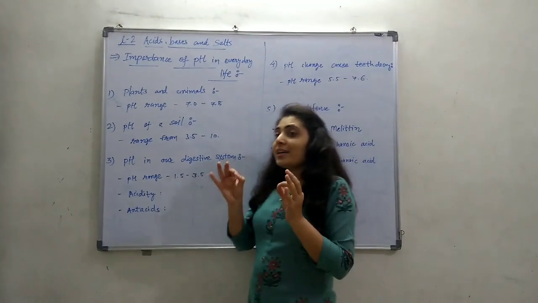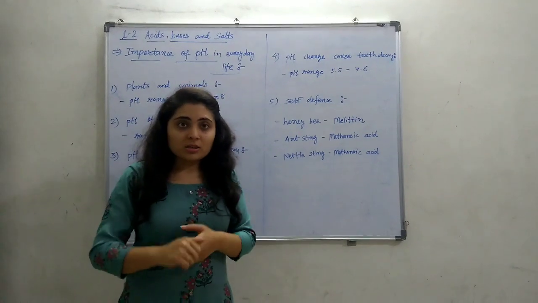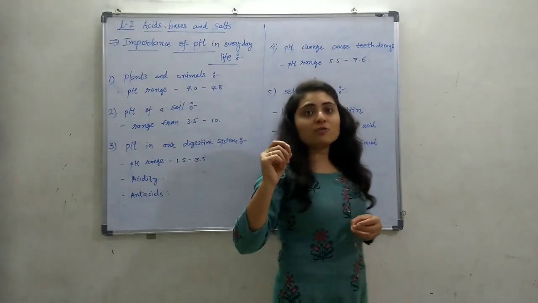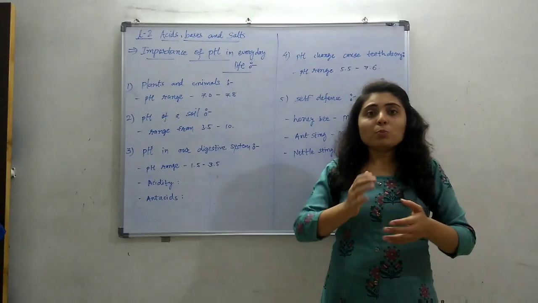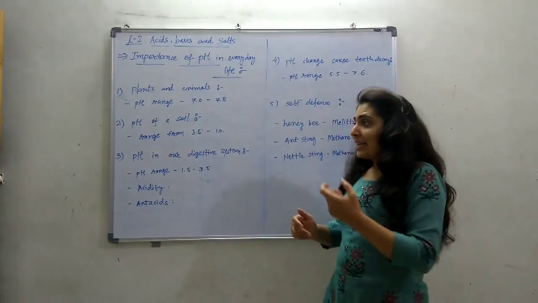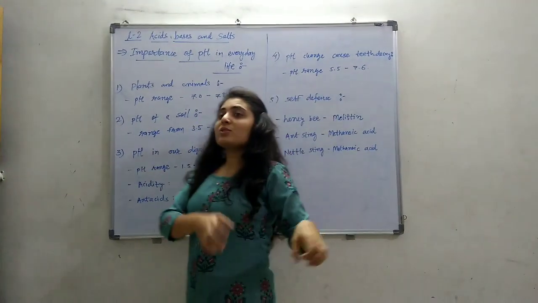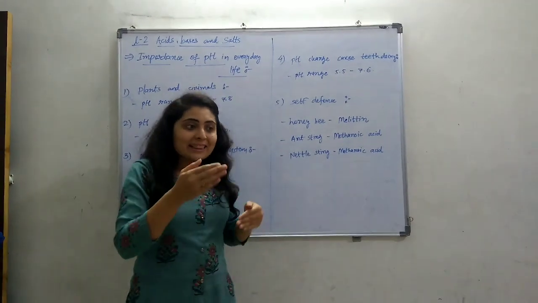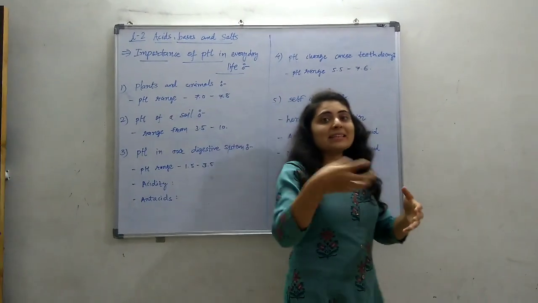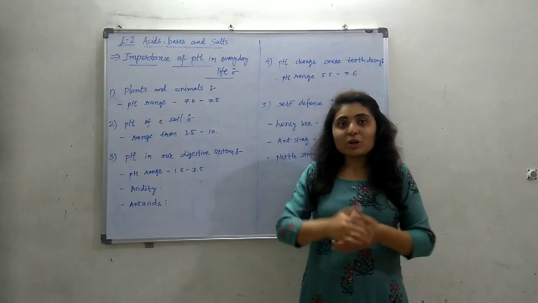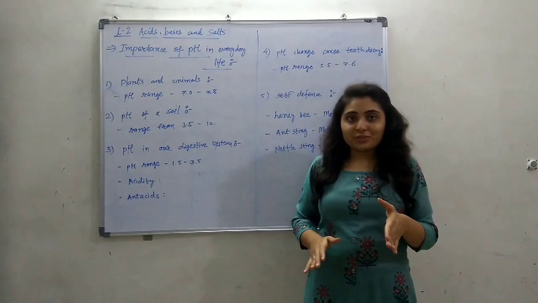But if acid rain occurs, and the pH value of acid rain is below 5.6, then this acid rain mixes with the water of the river, and because acidic water is added to the river, the pH value decreases.